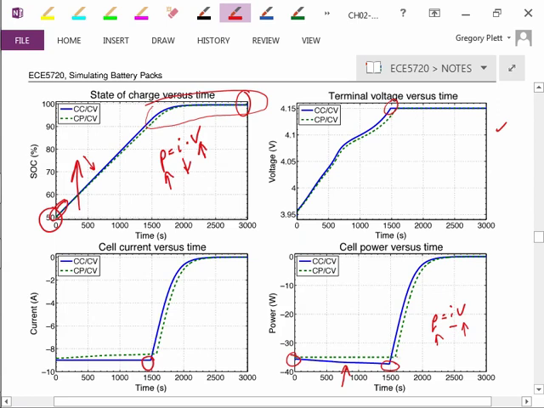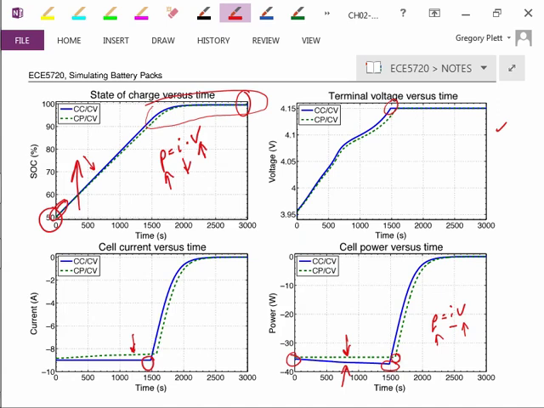For the constant power case, as we said, the current has to taper off in order to make constant power. Over here we see we actually do achieve constant power, and we get to our voltage limit a little bit later because of that. And then we taper off the charging as well, if the power is going to cause the voltage to exceed the limit.